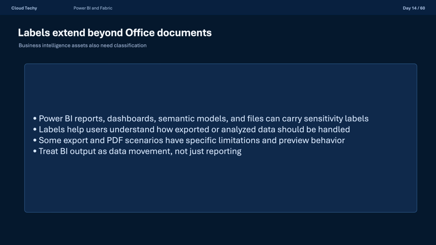Sensitivity labels also matter in Power BI and Microsoft Fabric because reporting is often where sensitive data becomes widely visible. A dataset or a semantic model might contain confidential finance, HR, or patient-adjacent operational data, and a report may expose that data to a broader audience. Microsoft documents sensitivity label support for Power BI content and files, including scenarios where labels apply to reports and semantic models.